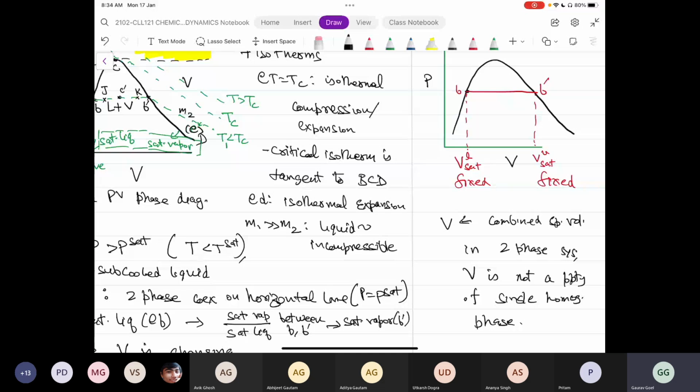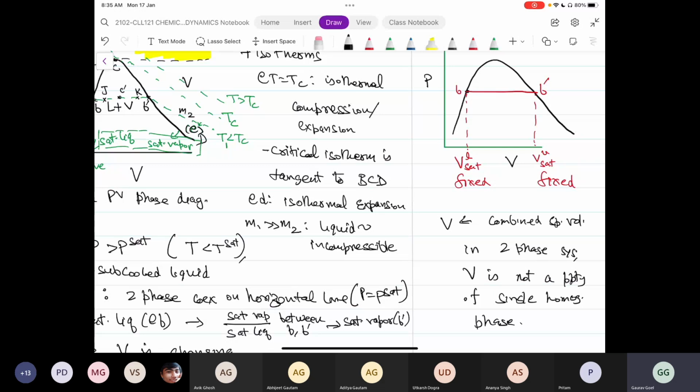Now physically, the reason this V is changing is because saturated liquid is getting converted into saturated vapor. Why might this be happening? Maybe you are adding heat to the system. If you heat a saturated liquid at constant pressure and temperature, that latent heat would be used to convert liquid to vapor.